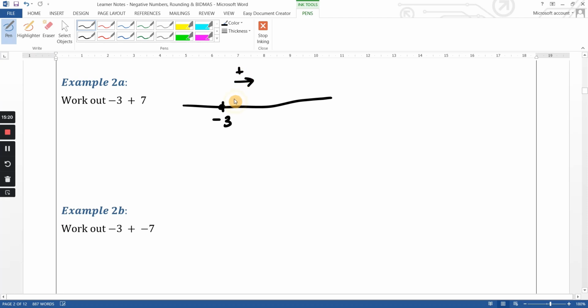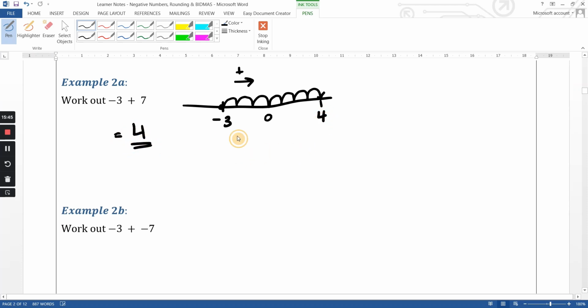So it's getting warmer. If it was getting colder, if it were -7, obviously it would go the other way. So I'm going to do 7 jumps this way. So 1, 2, 3, that's at 0 already, and then 4, 5, 6, 7, and that's at +4, it should be for your answer.